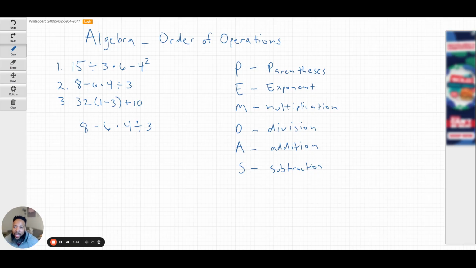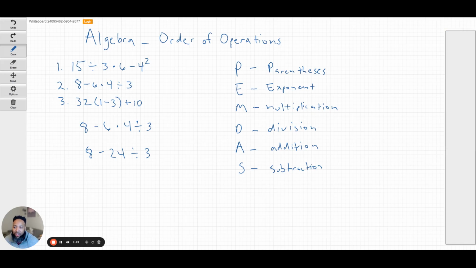So we'll say negative 6 times 4 is negative 24. So our new problem is 8 minus 24 divided by 3. Next in line is the division. So we have negative 24 divided by 3, which is negative 8. So we have 8 minus 8, which is negative 8.